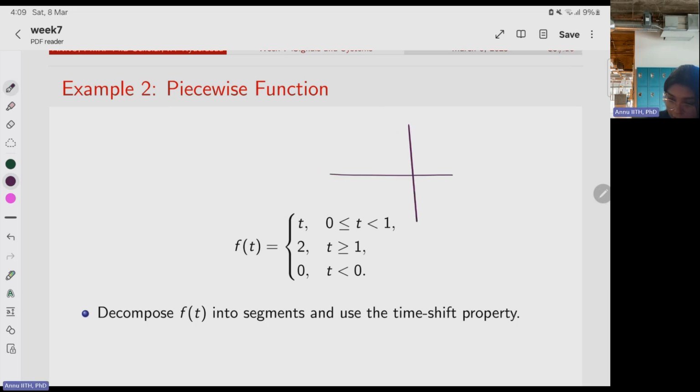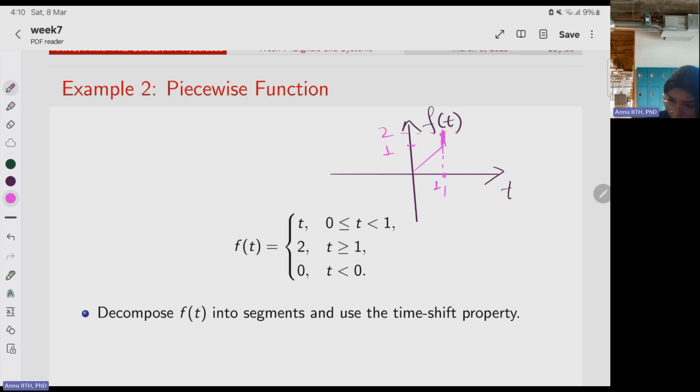I like straight curves, straight lines. This is t, this is f(t). So this is going to be 2. Suppose we have 1 here, and 2 will be here.